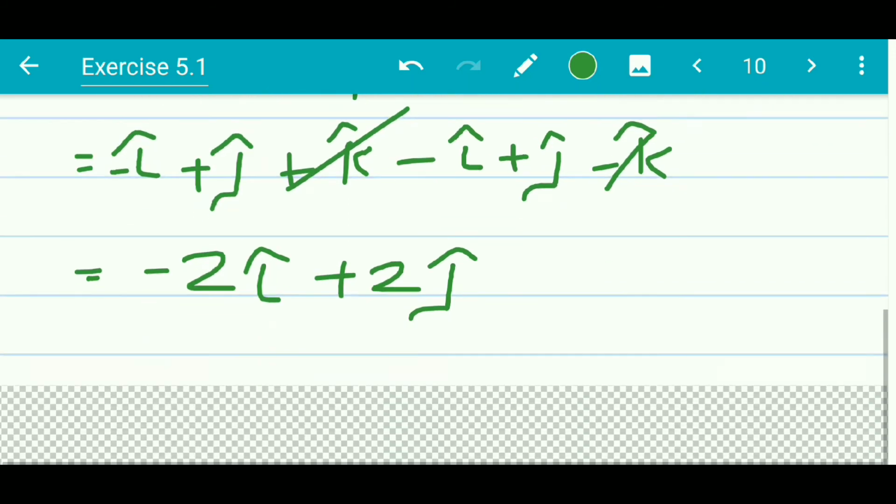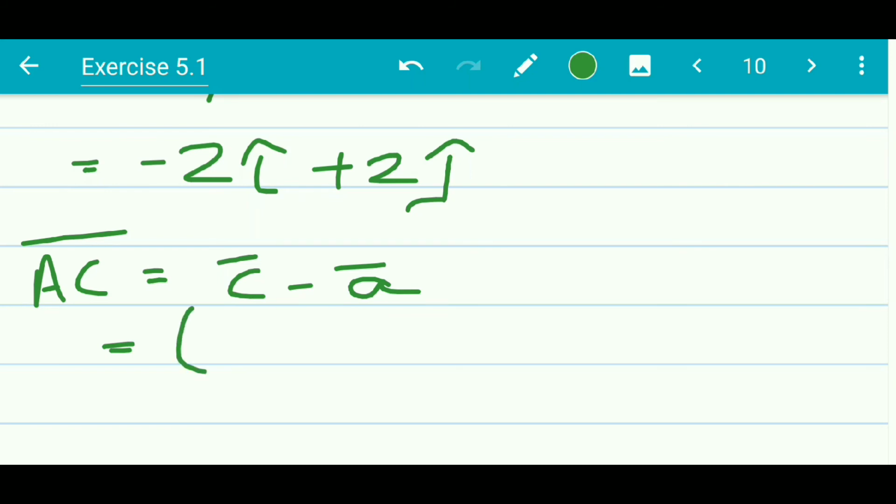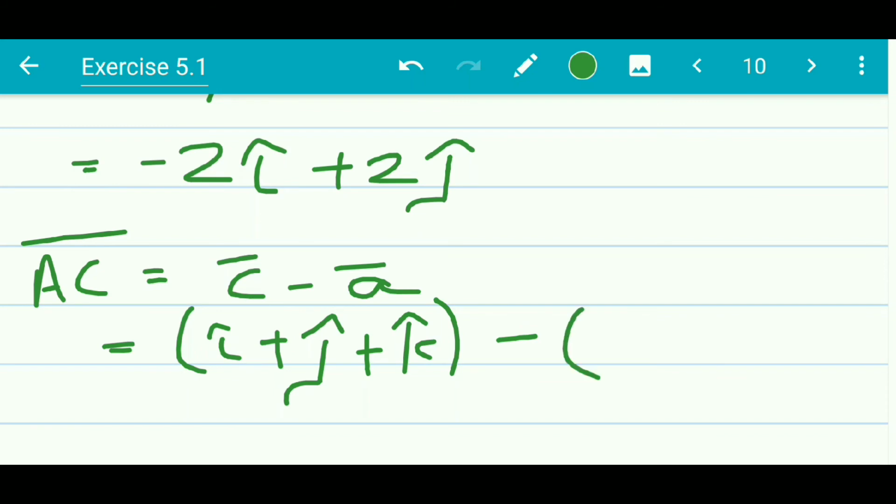Similarly, we also find the vector AC. So AC becomes C minus A, which is vector C, i plus j plus k, minus the vector A, i minus j plus k.